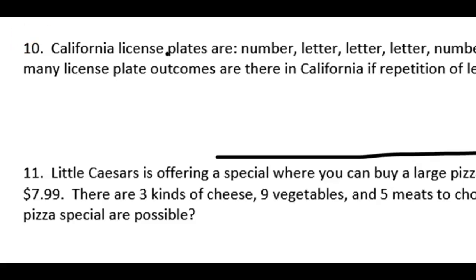Now, down here, number 10 says, California license plates are number, letter, letter, letter, number, number, number. For example, 3YNR975. How many license plate outcomes are there in California if repetition of letters and numbers is permitted? So if I can repeat, think about it.